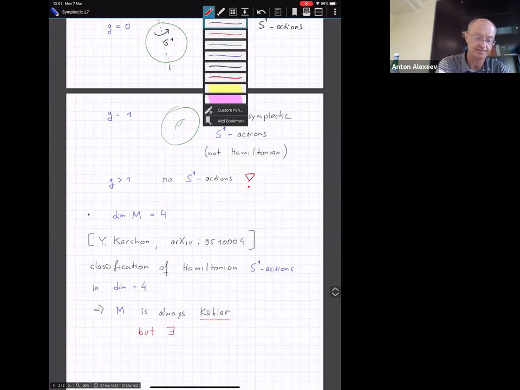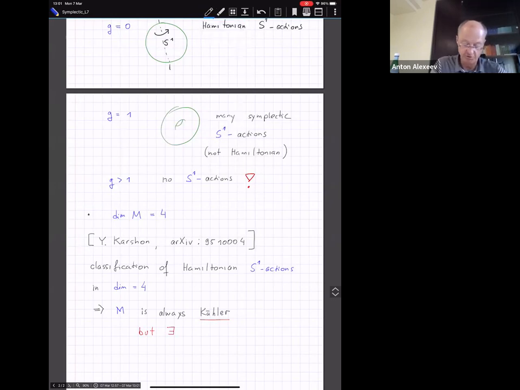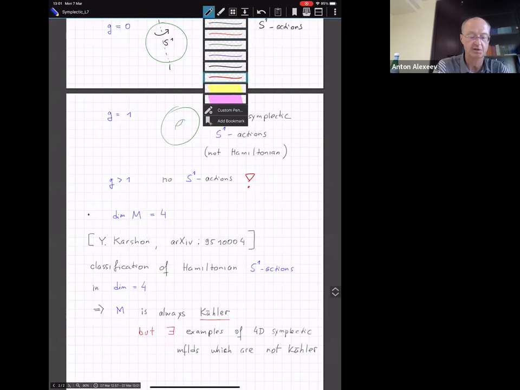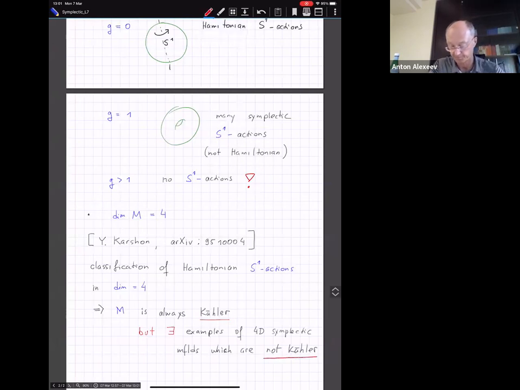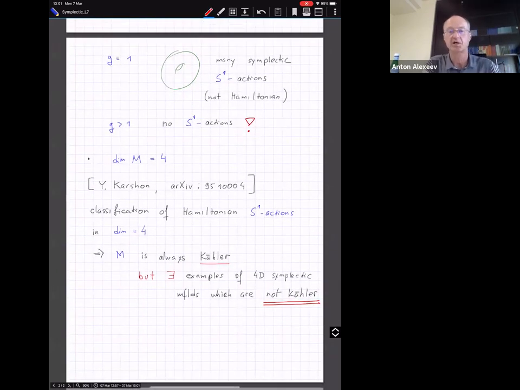So there exist many technologies of constructing examples of 4D symplectic manifolds which are not Kähler. So they clearly cannot carry Hamiltonian S1 actions.